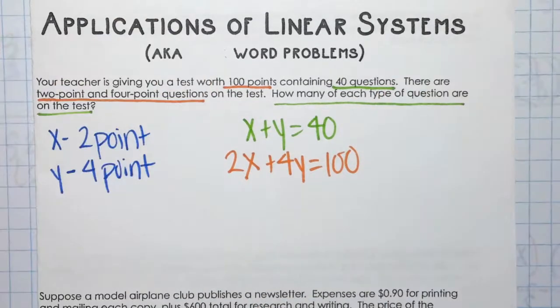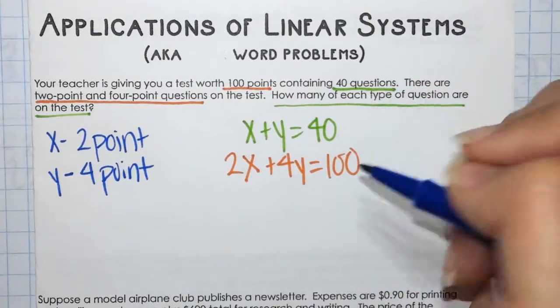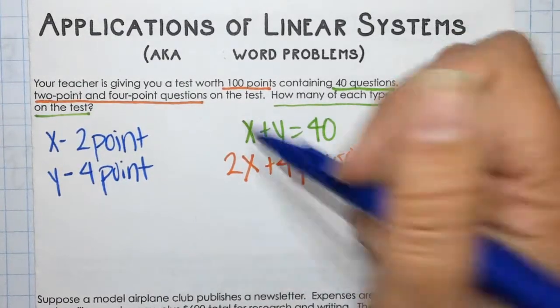Now, can we eliminate to begin with? No, because we don't have any coefficients that are the same. So do you want to eliminate X or Y? X. Okay, so how would we eliminate our X's? What do we need to do? Multiply by 2? On the top or on the bottom?